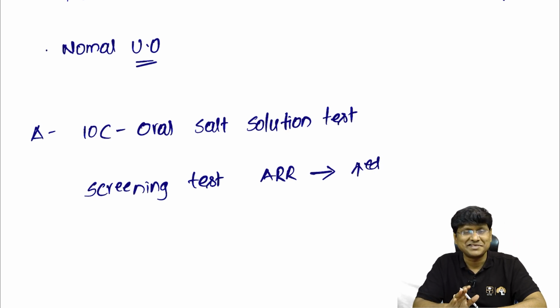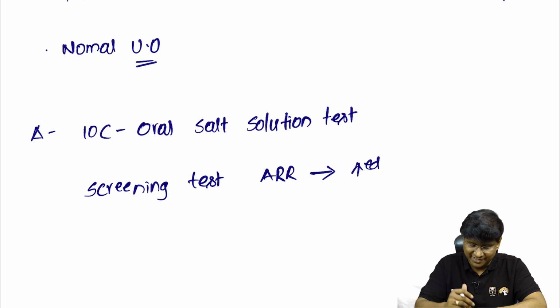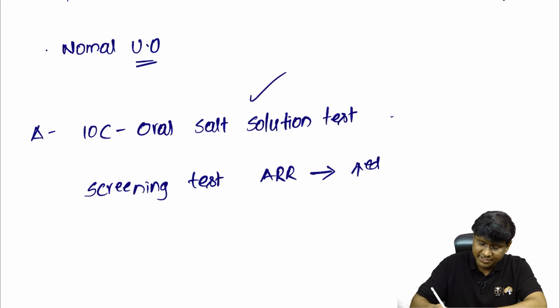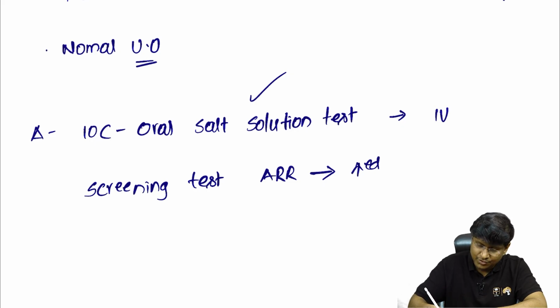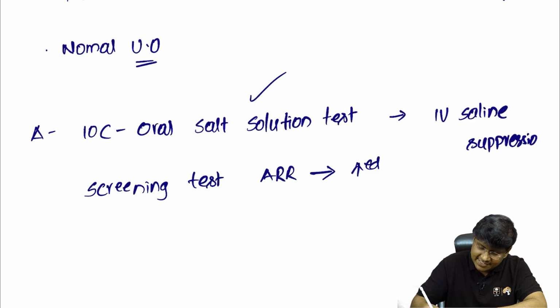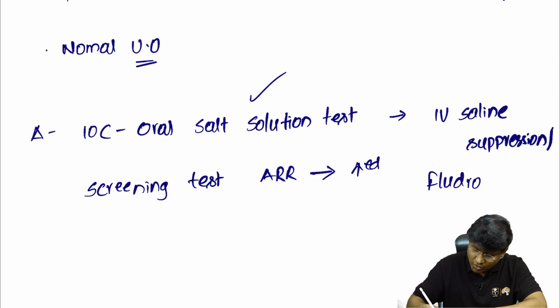Once the screening test is positive, we do the confirmatory test, and that confirmatory test is the oral salt solution test. For those individuals who are not able to consume this oral salt solution, you need to do the IV saline suppression test, right? Or as an alternative to this, we have another test called the fludrocortisone suppression test.